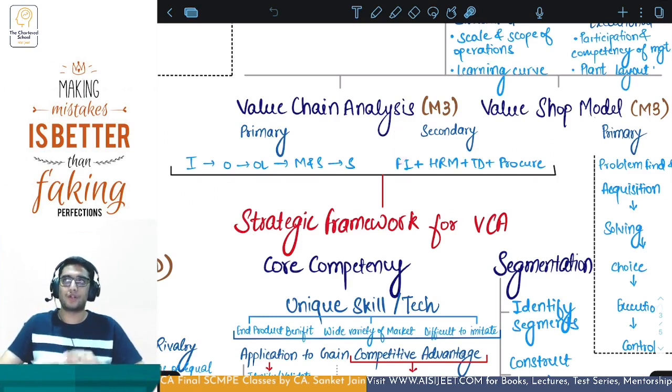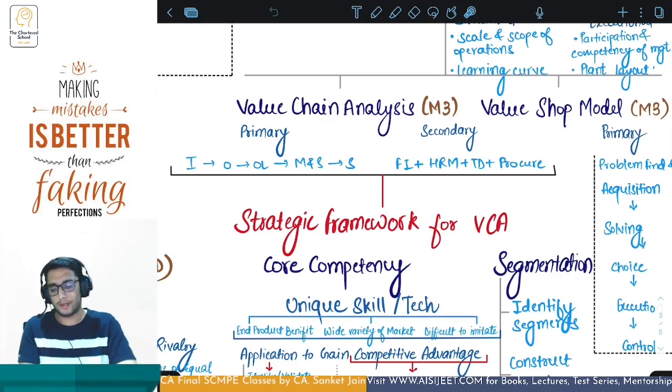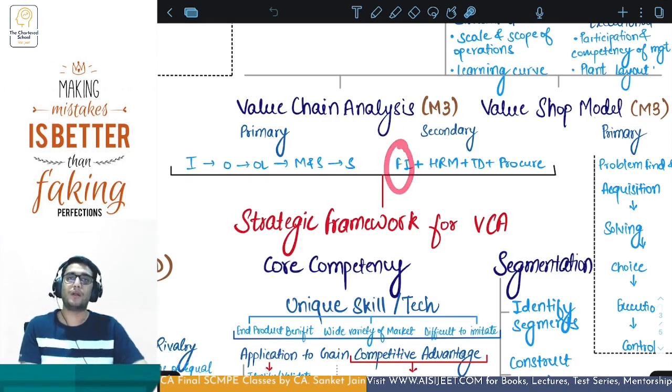Firm infrastructure is not just the physical infrastructure, but also departments like finance, planning, management, accounting, or legal. All of these would come under your firm infrastructure. These provide support for the operations to happen.